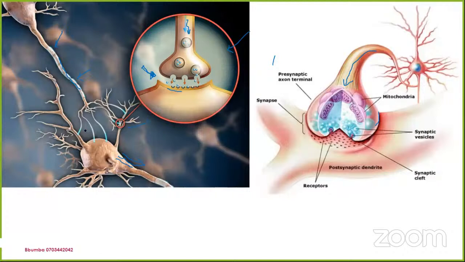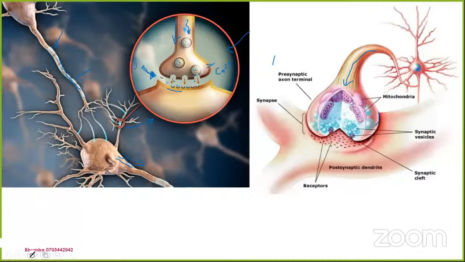There are many, and they are all happening at the same time. Now, when an impulse arrives at this axon terminal, you have calcium ions here. So calcium ions enter into this axon terminal. Now, this space is called a synaptic cleft.